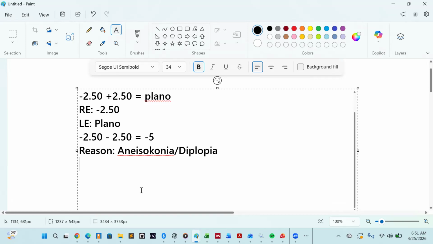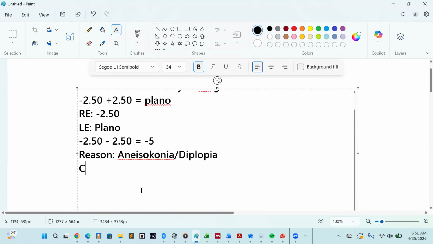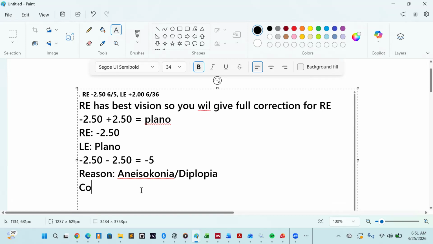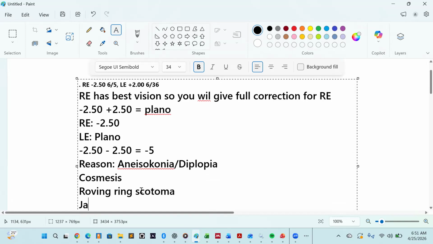Usually the follow-up question they can ask you is what are the issues with those lenses. That means it's telling you they are very high power lenses. So you must talk about the cosmesis concern, the issue with cosmesis, field of view, the jack-in-the-box effect. If it's a plus lens, pincushion distortion.